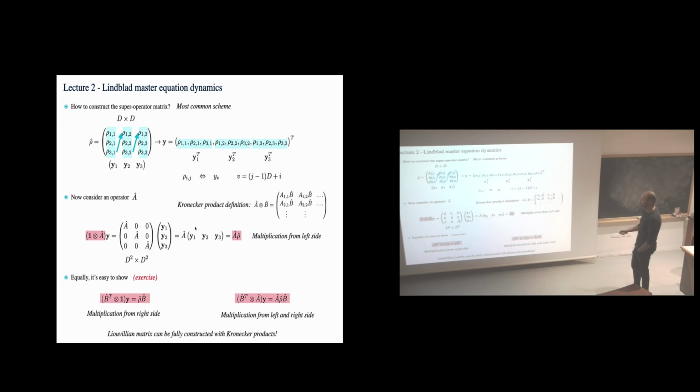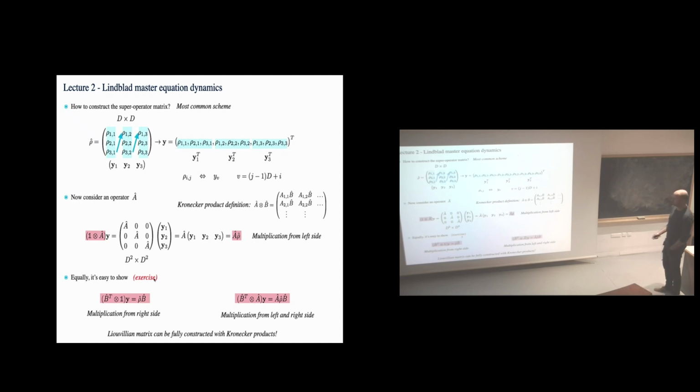But now you see these y are just going to be the columns. So this is just going to be your initial density matrix, because y1 is here, y2 is here, and y3 is there. So in other words, if I have the identity tensor product A and I apply this to this linearized state vector, it's equivalent to applying the matrix A from the left side to my density matrix.